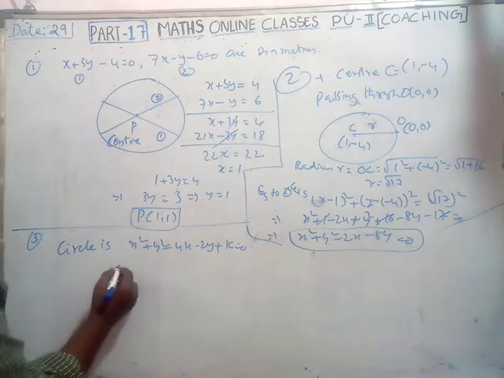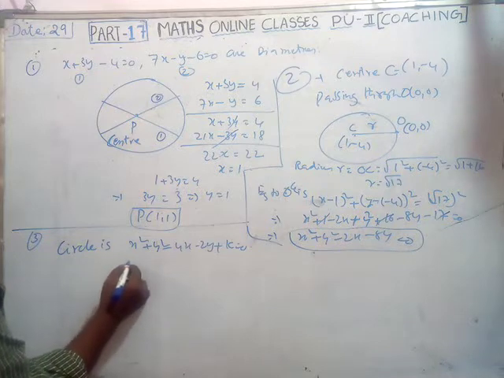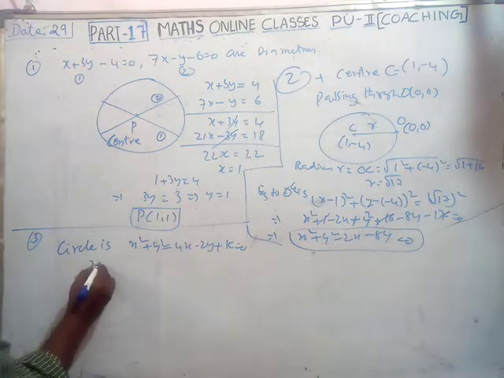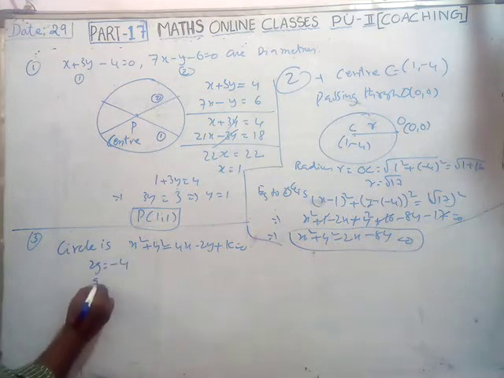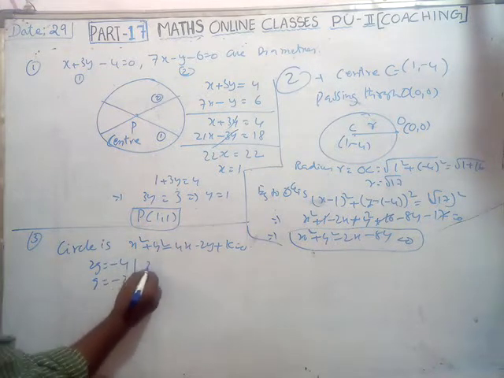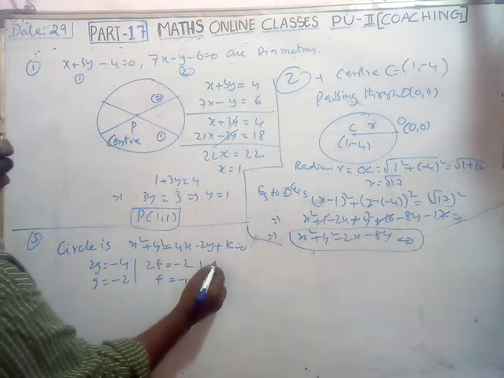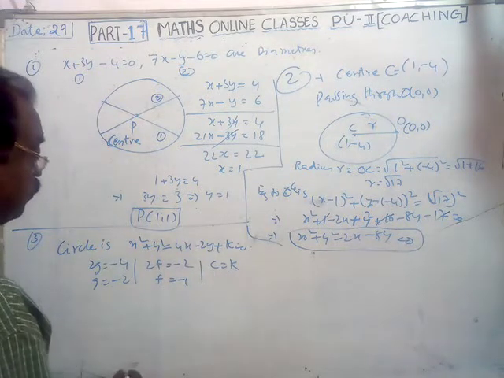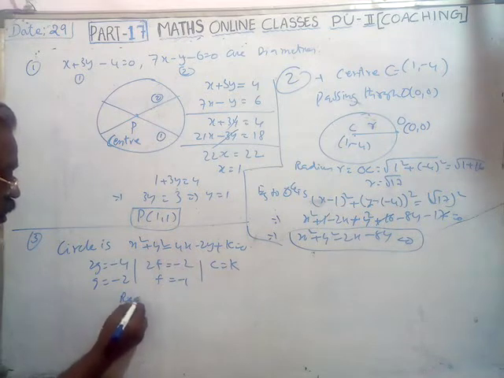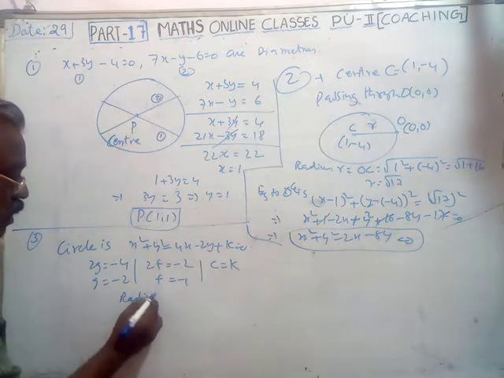Its area is, first you find the center. First of all, what is 2g? Minus 4. G is equal to minus 2. What is 2f? Minus 2. F is equal to minus 1. What is the constant c? It is k. Now, what is the radius?